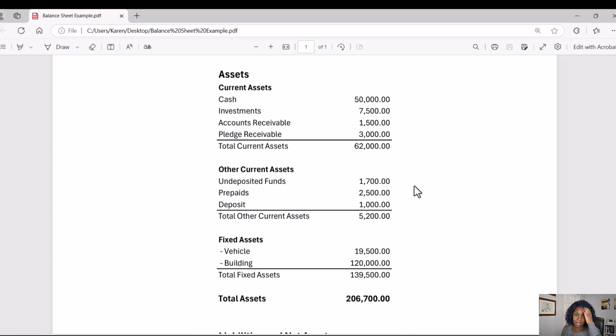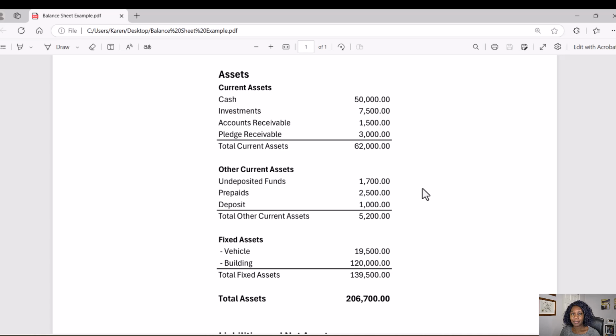This can be payments made for future obligations, such as maybe your rent, or maybe you're going to rent a facility in the next few months and you had to put down some type of deposit or prepayment. Those are all of your prepayments, anything which you've paid for but not utilized.